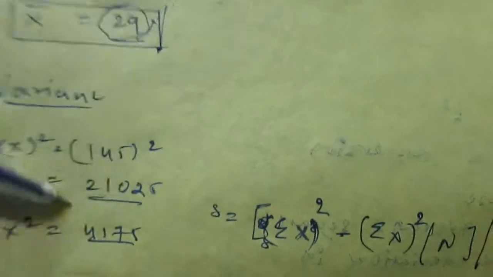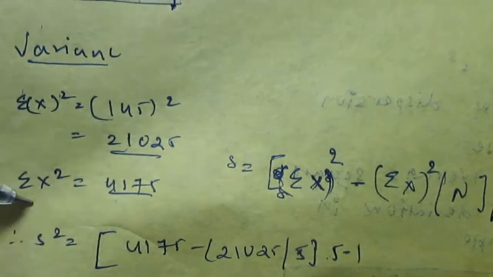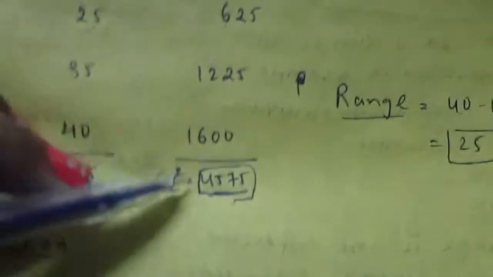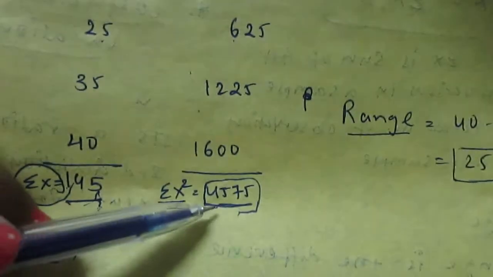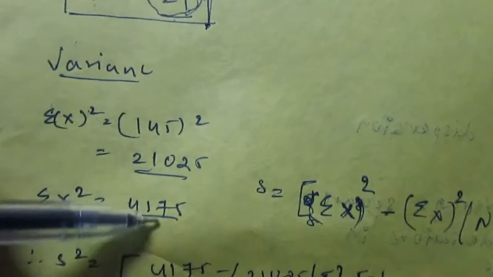So if we take 145 whole square, that is 21,025. Then we take the sum of squares of observations, sigma x square, which is already calculated, that is 4,575.